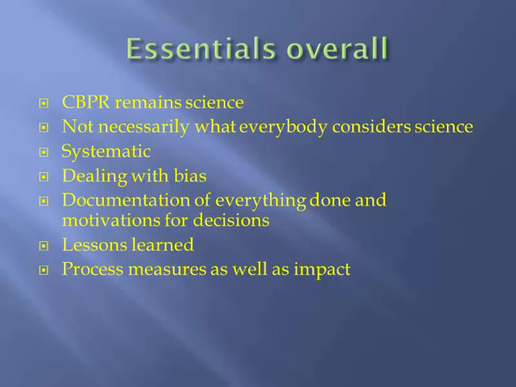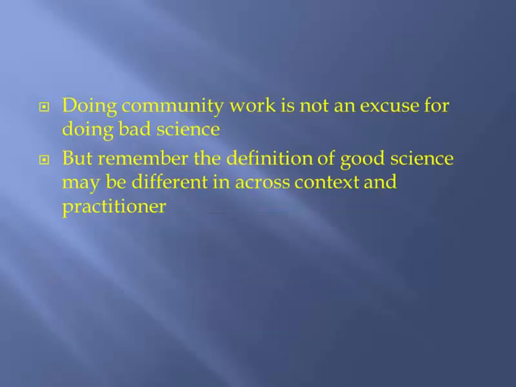This is also at the intervention level: we're not just interested in whether an intervention makes a difference, but whether this intervention, even if it is wonderfully powerful, is actually acceptable to the community. It must also be acceptable to the community. Doing community work is not an excuse for doing bad science. But remember, the definition of good science may be different across context and practitioner.